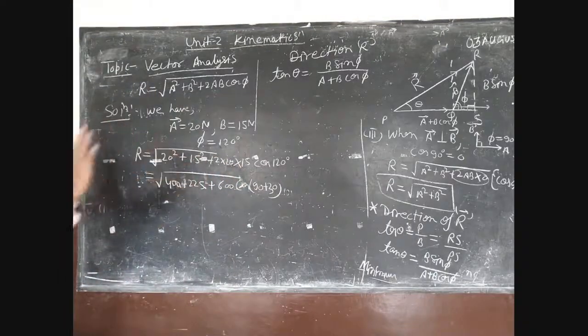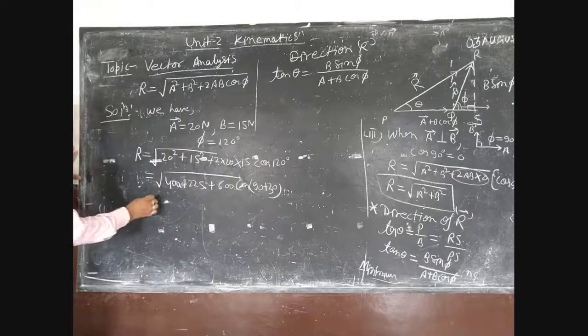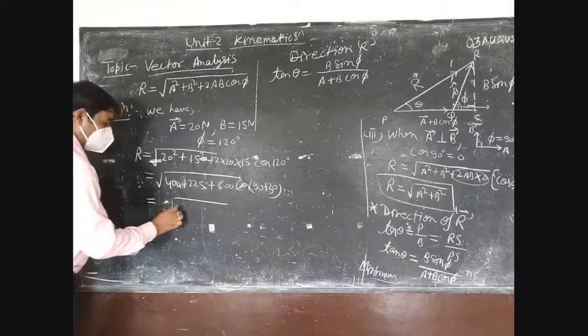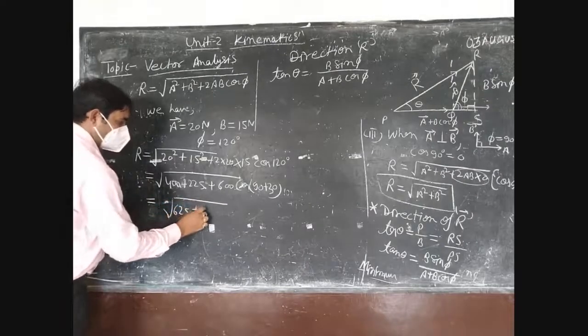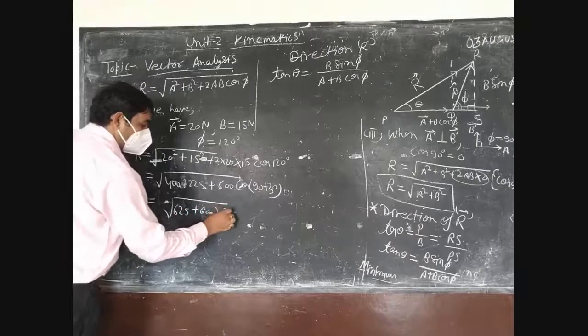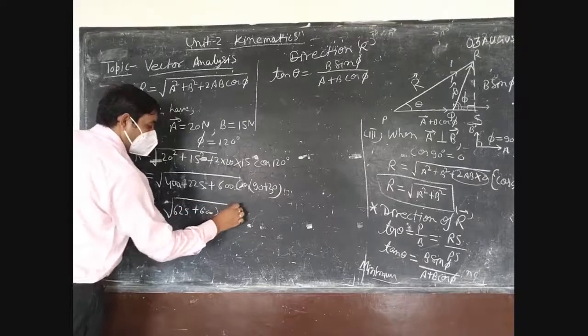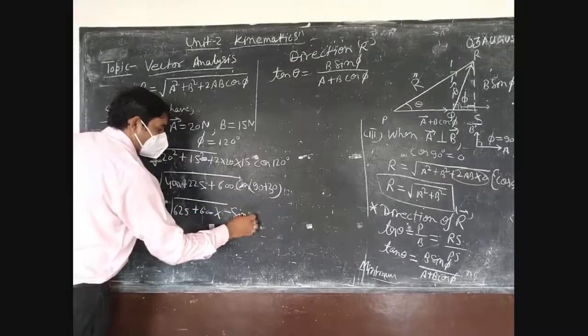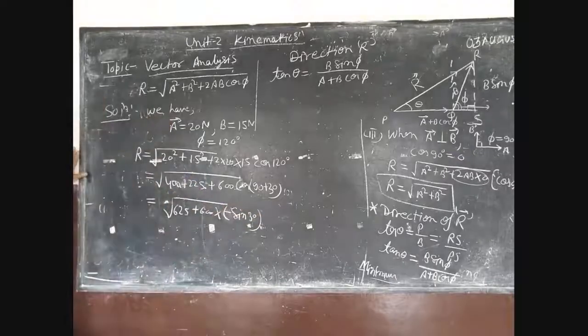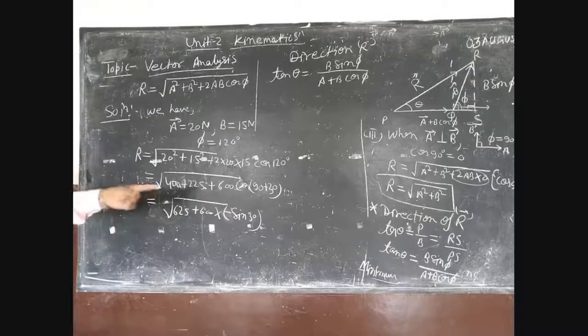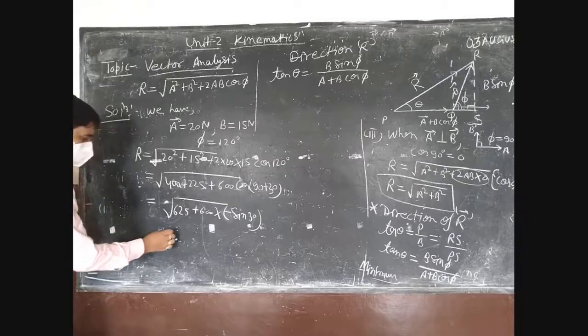And it will be in the second quadrant. Then 625 plus 600 into minus sin 30 degree. Clear? Why it is negative, understood? Solve it.